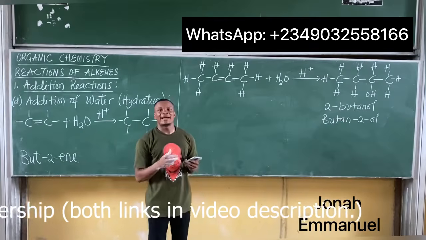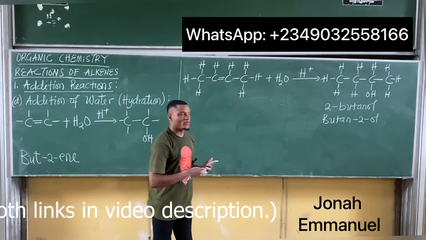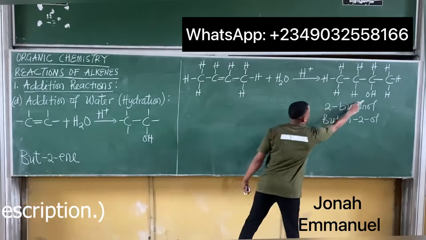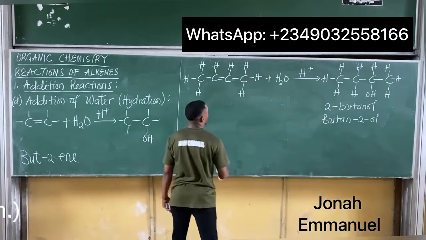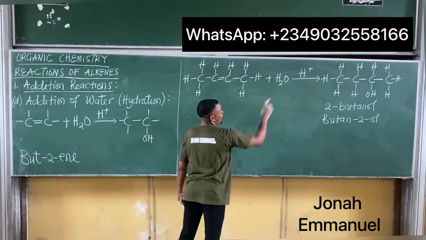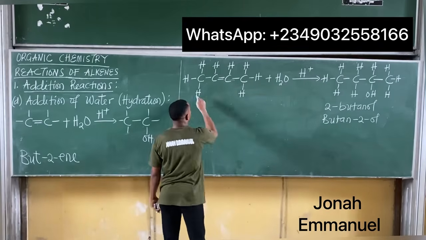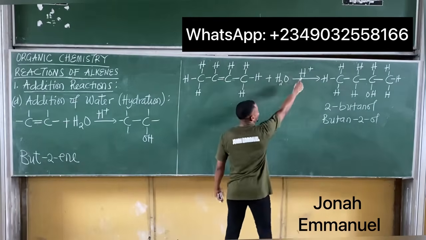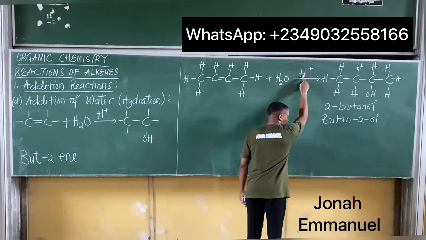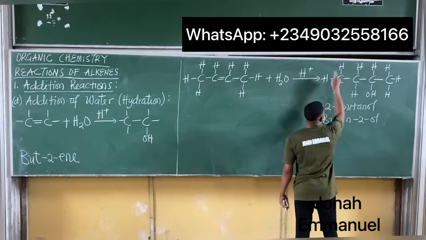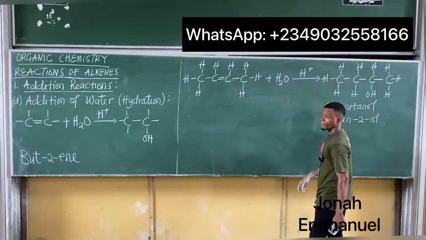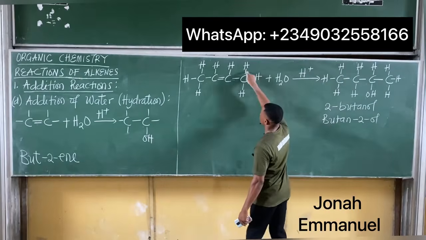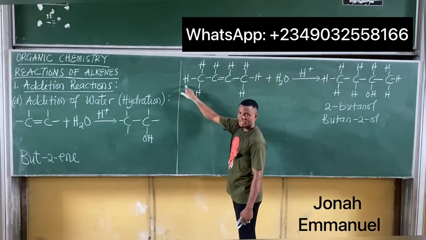And I said there's a minor product. What's your minor product? Check very well. How many oxygen? 1. How many carbon? 1, 2, 3, 4, that's complete. How many hydrogen? 1, 2, 3, 4, 5, 6, 7, 8, 9, 10, then 11.